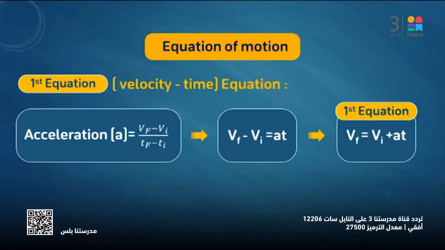So the first equation of motion is the same as the rule of acceleration. We said acceleration equals v final minus v initial over delta time, so v final equals v initial plus at, and this is the first equation of motion.